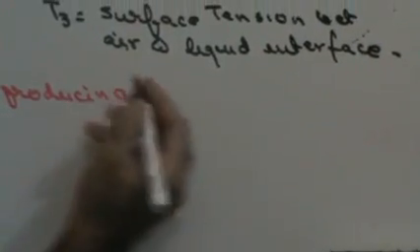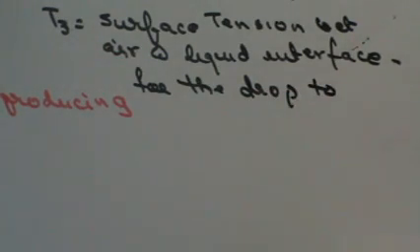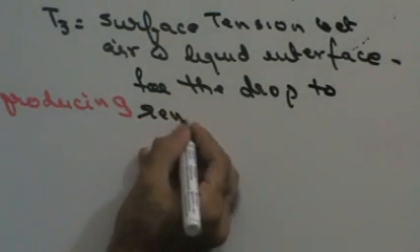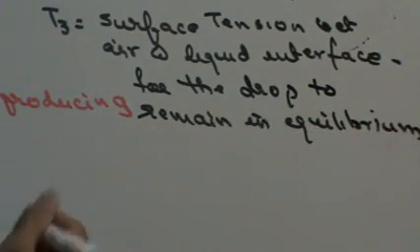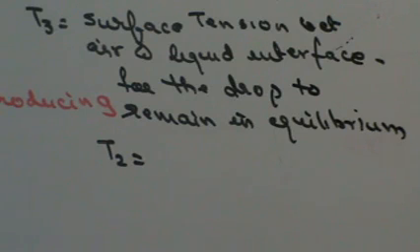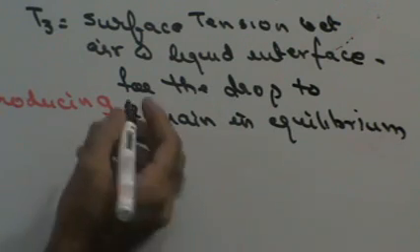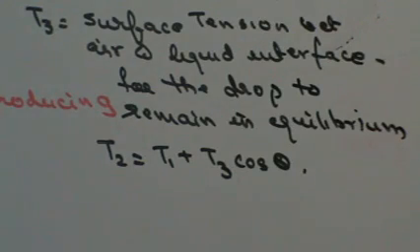Now, for the drop to remain in equilibrium, I can say that T2, the total surface tension acting between air and solid interface, should be equal to T1 plus T3 cos theta.